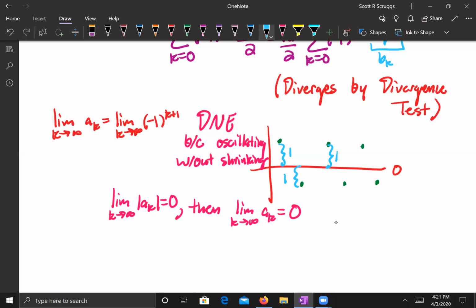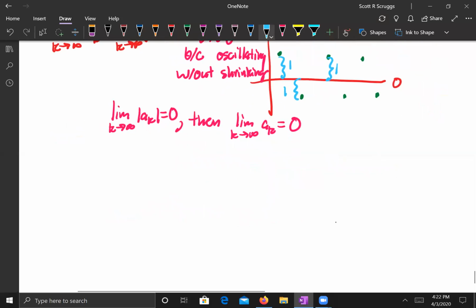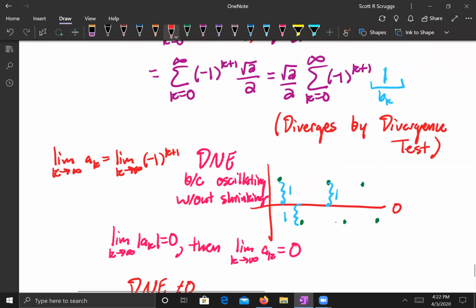Oscillating with no shrinkage in the distance to the x-axis. And that's the main idea. And I sure as heck know that a limit that does not exist is definitely not 0. So the divergence test tells me the series is going to diverge.